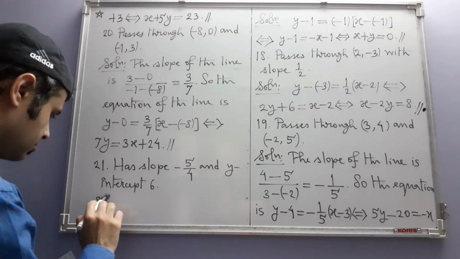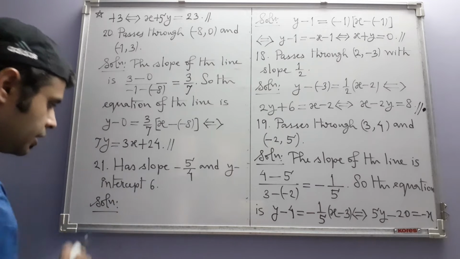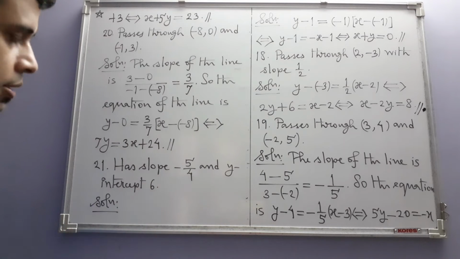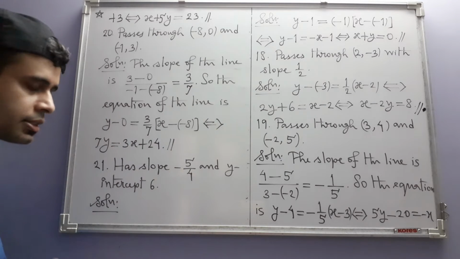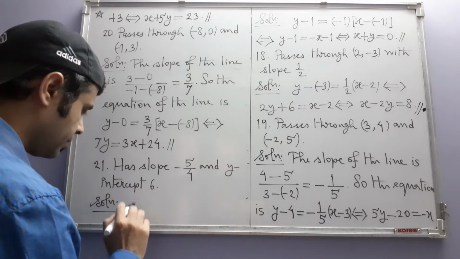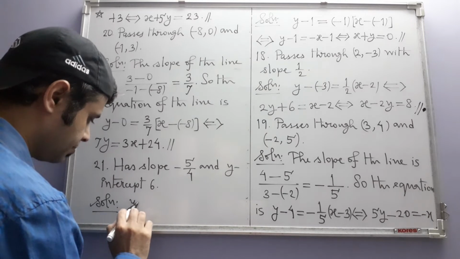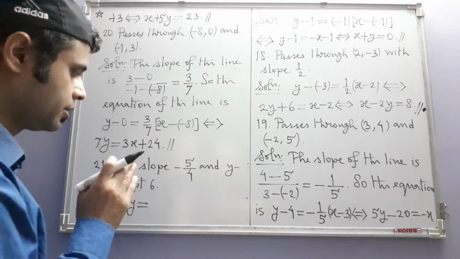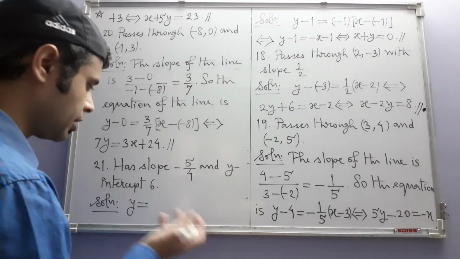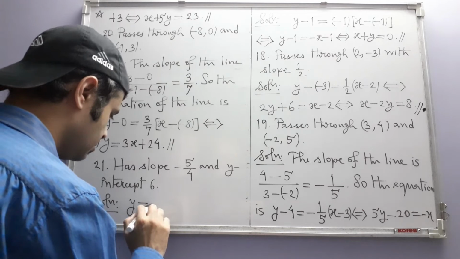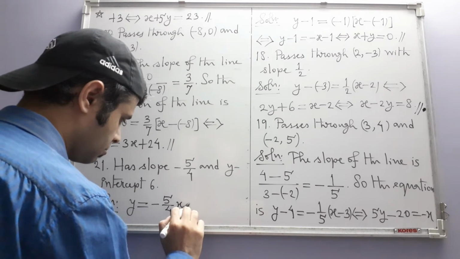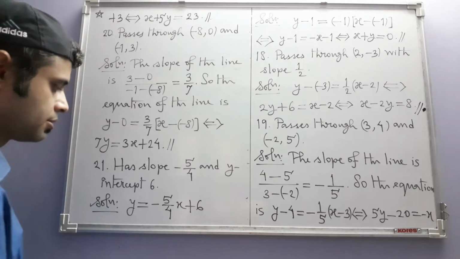It's quicker than finding a point slope equation. It's slope intercept equation, and the equation is y equal to mx plus c, where m is the slope and c is the y-intercept. Plus 6.